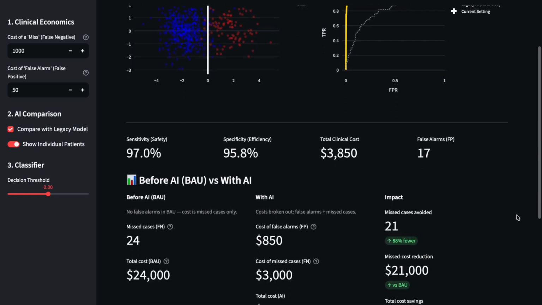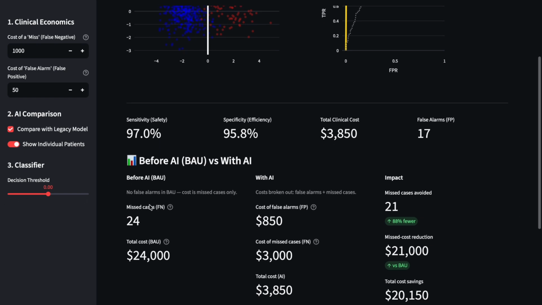That's how it was before AI: we had 24 missed cases, so the total cost because of missed cases was $24,000. With AI, we have fewer false alarms, only 17, and only 3 missed cases.